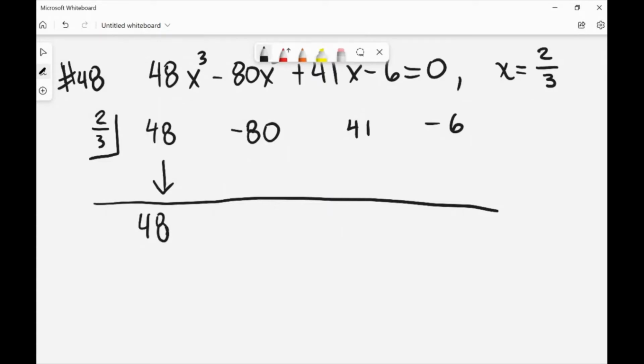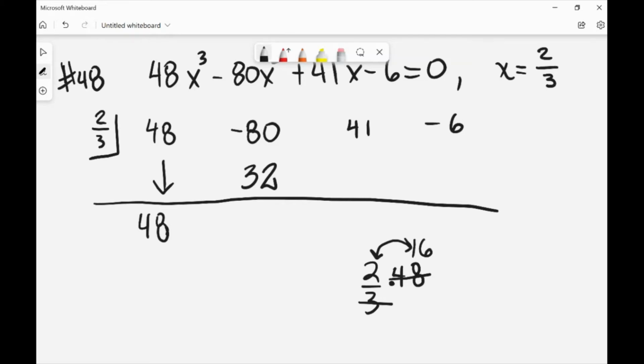So 2/3 times 48, this is how I do it. I look at the bottom number 3 and ask, how many times does 3 go into 48? Isn't that 16? Okay. And then I multiply that number times that number. What is that? 32. All right.